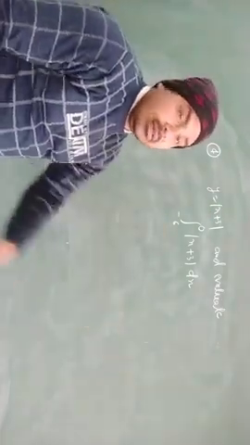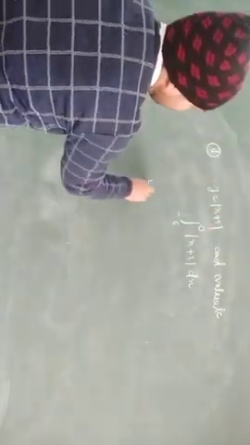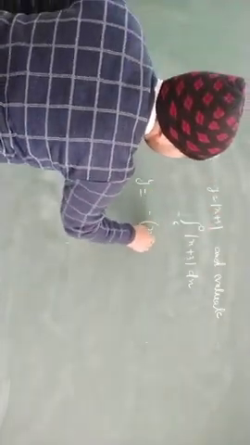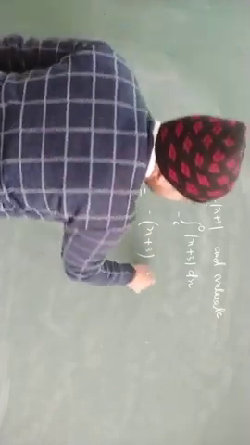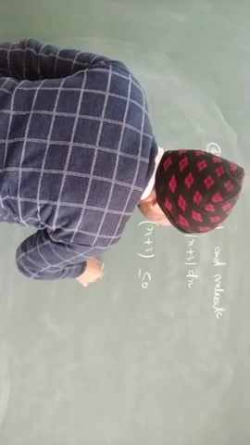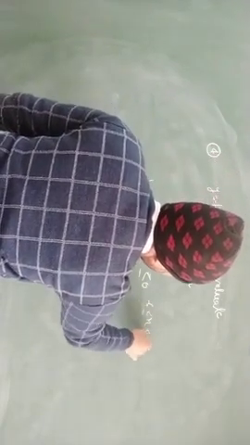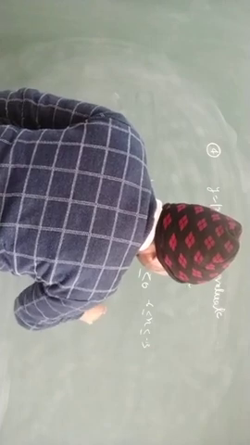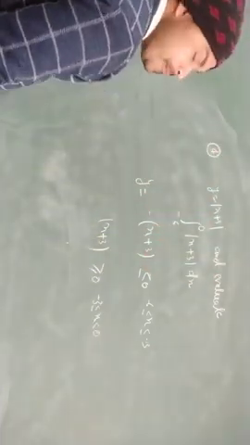So this function indicates the modulus function. y equals minus of x plus 3 when x plus 3 is less than or equal to 0, and x plus 3 when it is greater than or equal to 0. So x belongs to minus 6 to minus 3, and then x will lie between minus 3 and 0.